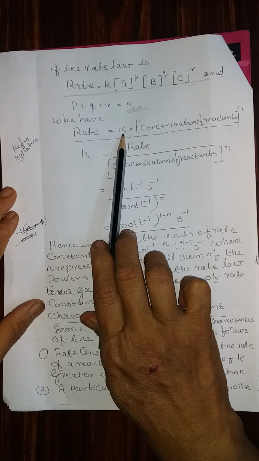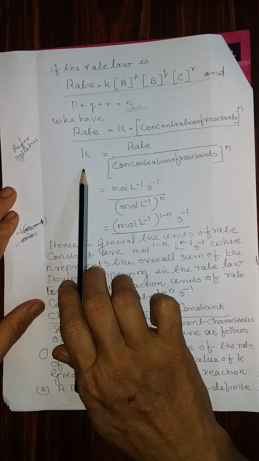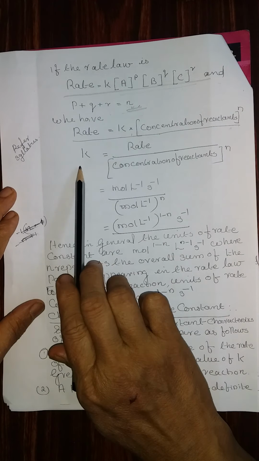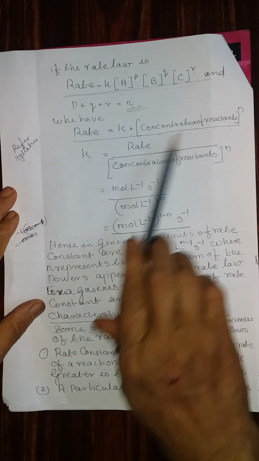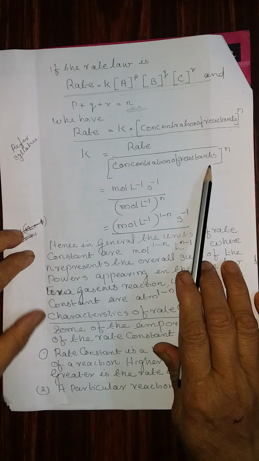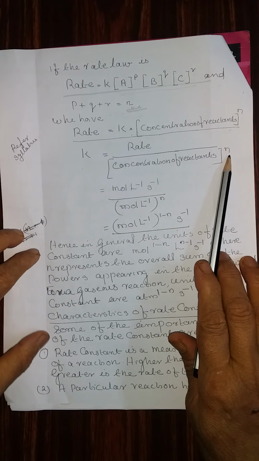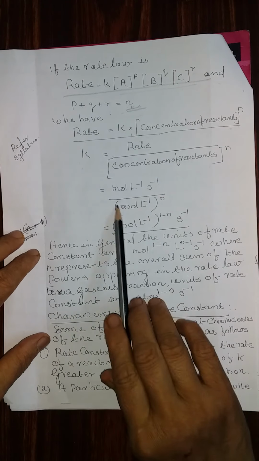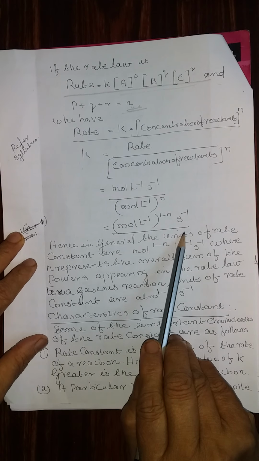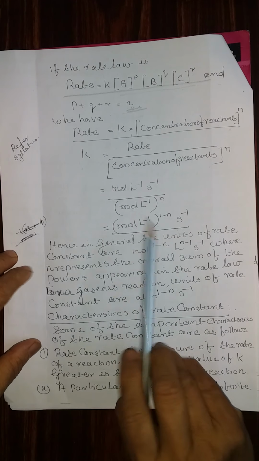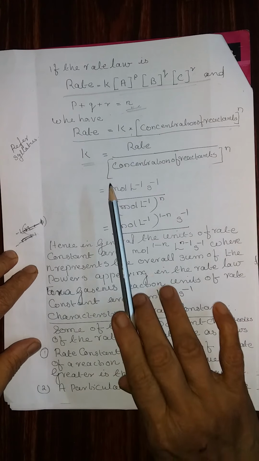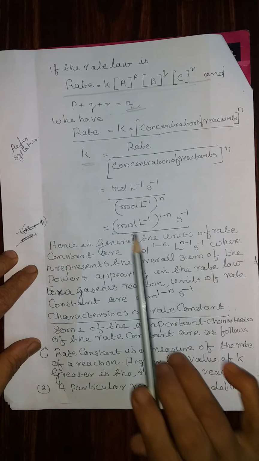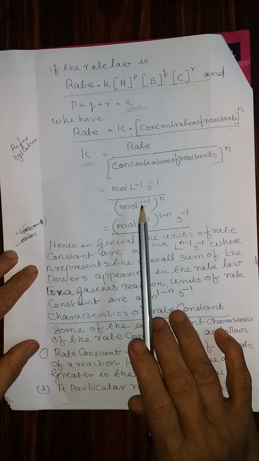Now, this equation can be modified and written as k is equal to rate by concentration of the reactants raised to the power n. Based on this, we can find out the unit which is used for k, that is the rate constant, or specific reaction rate, or velocity constant.